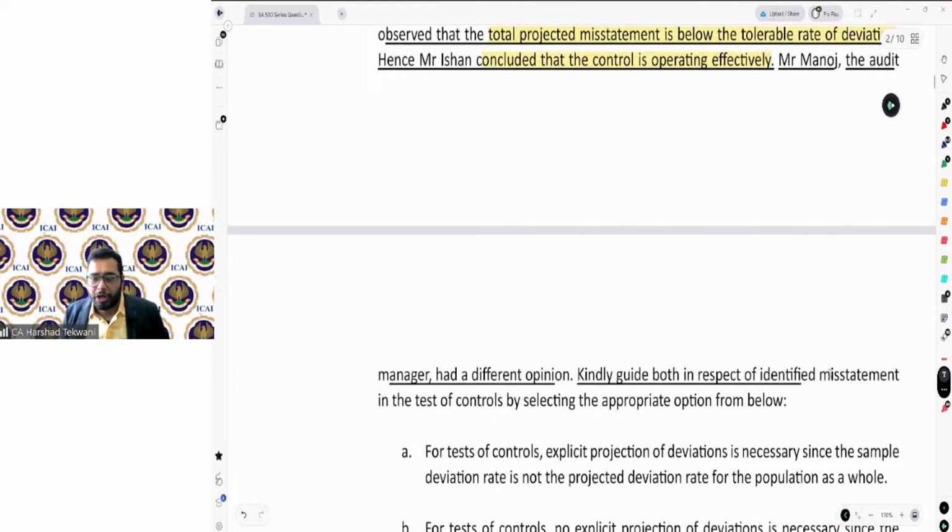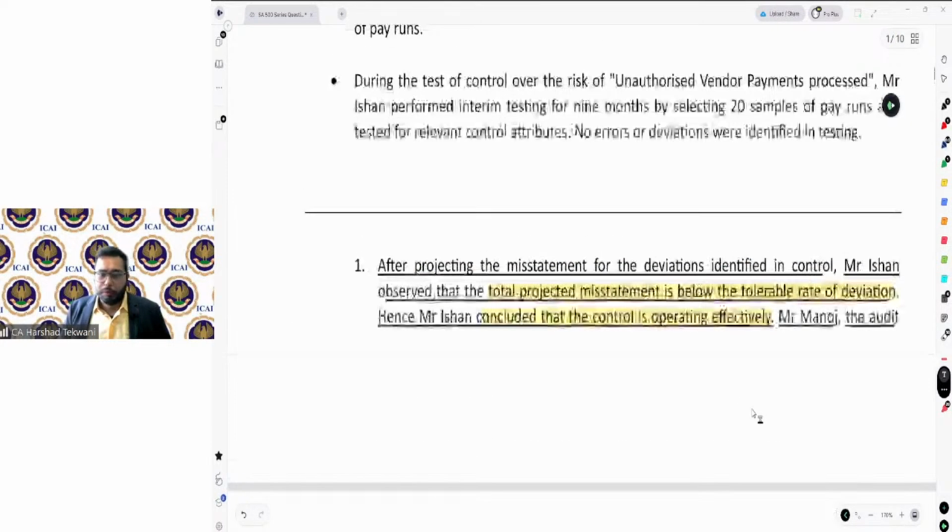Kindly guide both in respect of identified misstatement in the testing of control by selecting appropriate option from below. Now, before I go to the options, I want to understand from your side. Audit manager was not happy here because he had a different opinion. Mr. Ishan concluded that the control is operating effectively. Now you tell me whether the control is operating effectively or not.